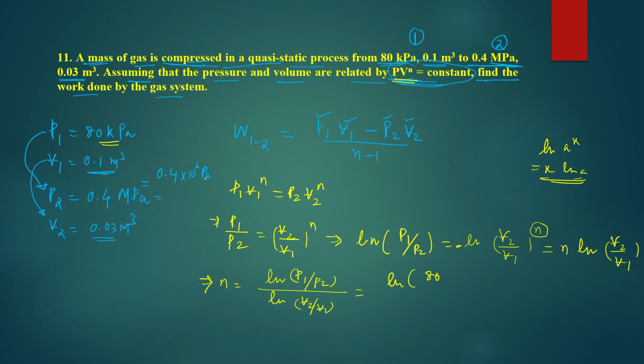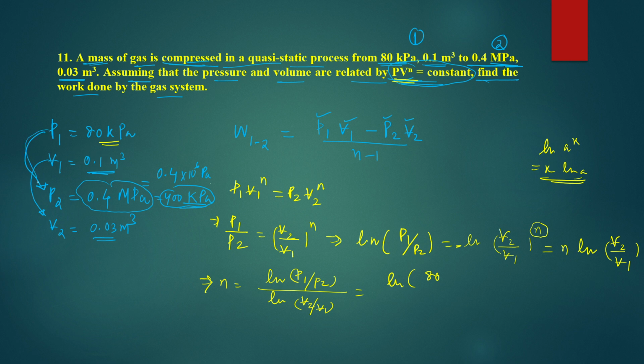I want to convert it into kilopascal, so 10 to the power 3 will be consumed for kilo, and another 10 to the power 3 will be there, multiplied by 0.4, so I can write 400 kilopascal. So 0.4 megapascal is equal to 400 kilopascal, right?